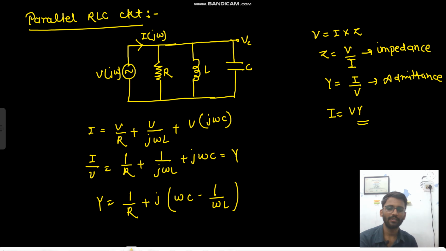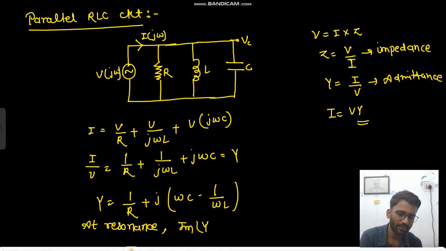And what is the one thing I have told you? At resonance, in any circuit, if you are asked to find the value of resonance frequency, you will find the expression for admittance or impedance and just put the imaginary part equal to 0.